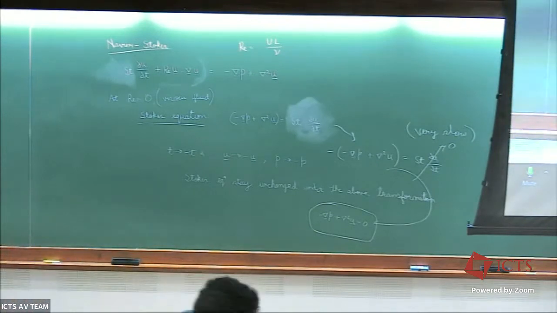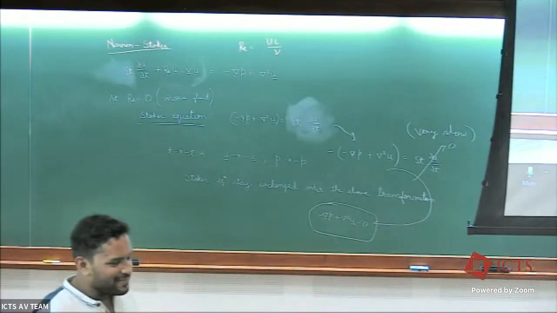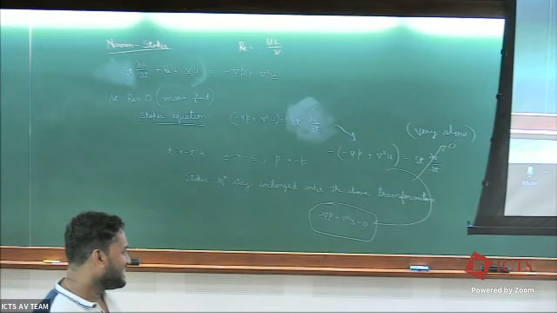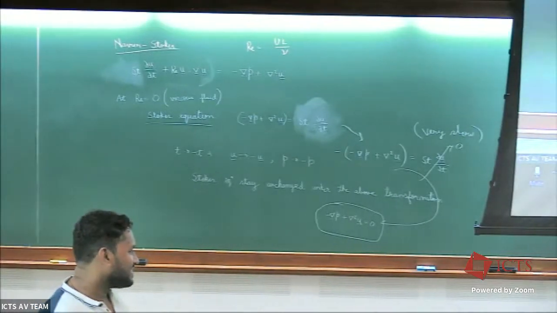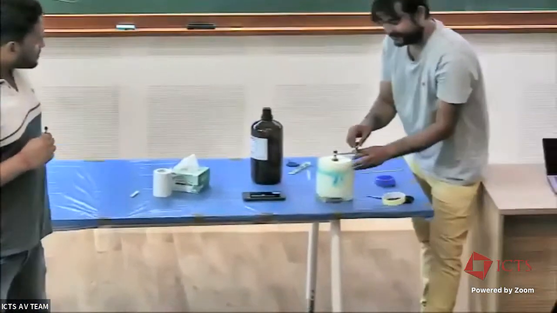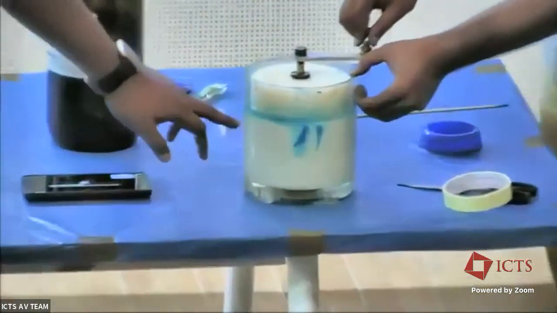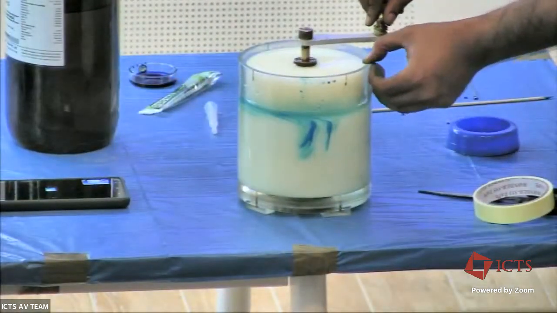Not yet, a bit more. See, right now it has spread a bit more, a little bit more, yeah. Next time we'll do some water or something. I think you can see that here it's coming up.